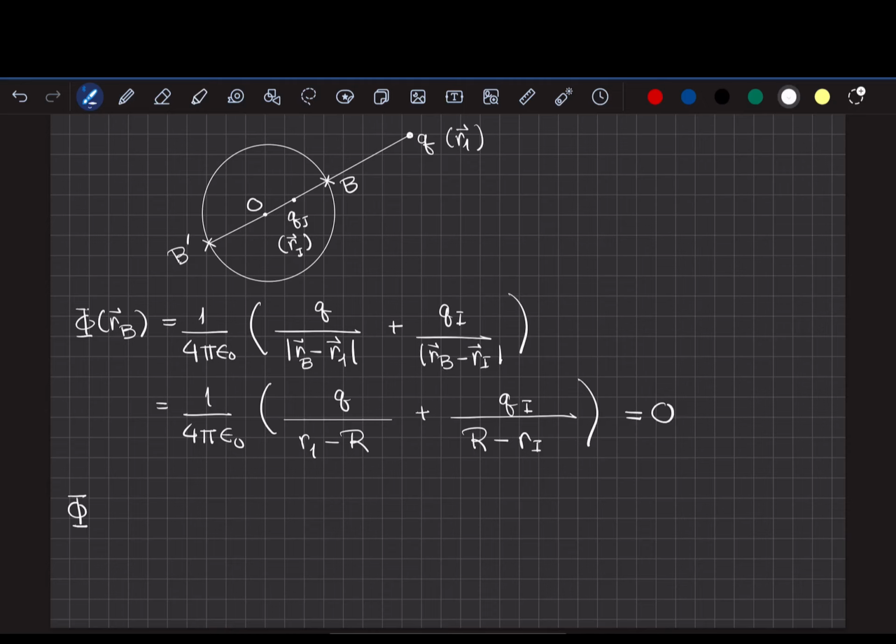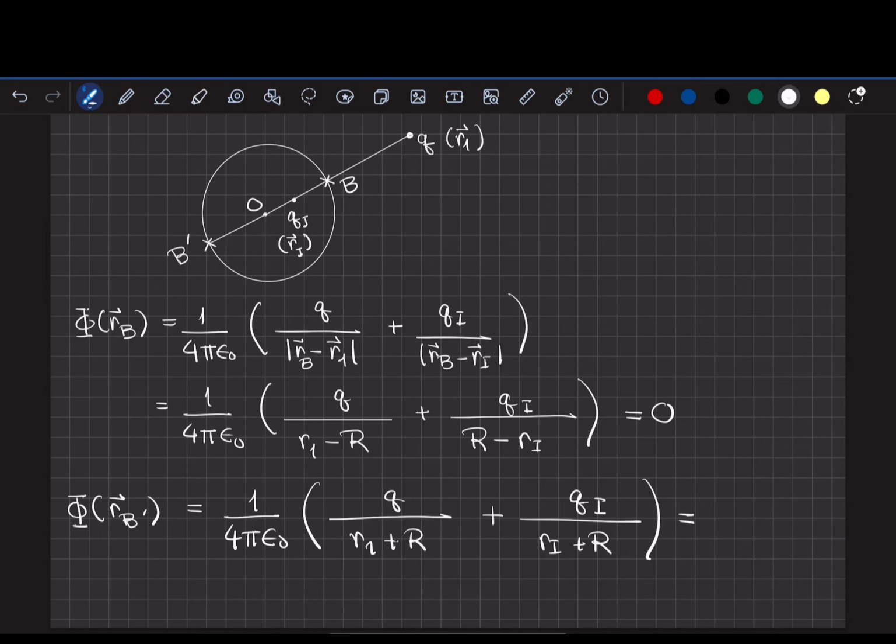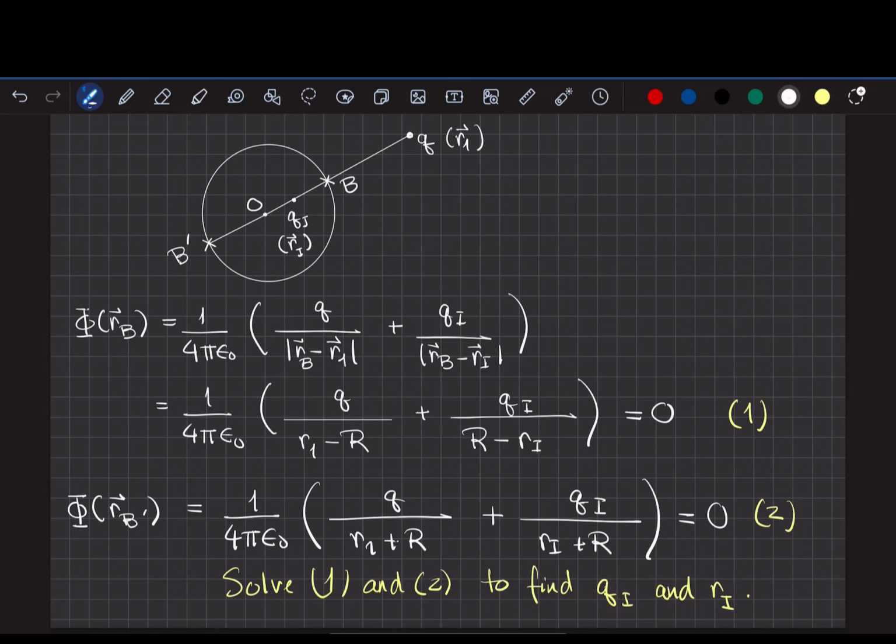And if we do a similar process for the point Rb prime, we'll get this equation. So 1 by 4 pi epsilon naught Q. Now the distance between R1 and B prime will be R1 plus R, and the distance between Ri and B prime will be Ri plus R. So these are two equations with two variables, and this can be solved.